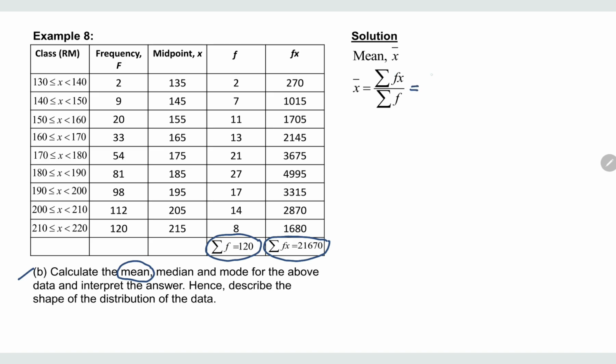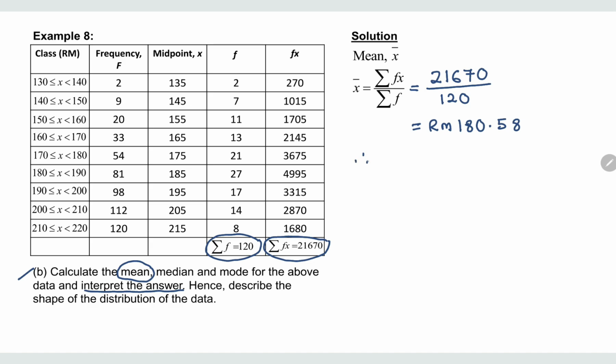So we have the summation of fx, which is 21,670, divided by the summation of f, which is 120. So we get RM180.58. Next, we must interpret the answer.